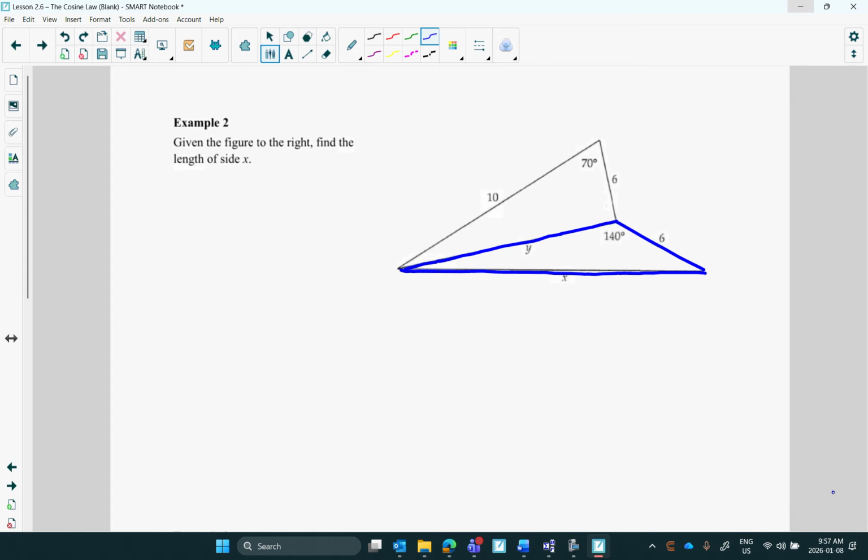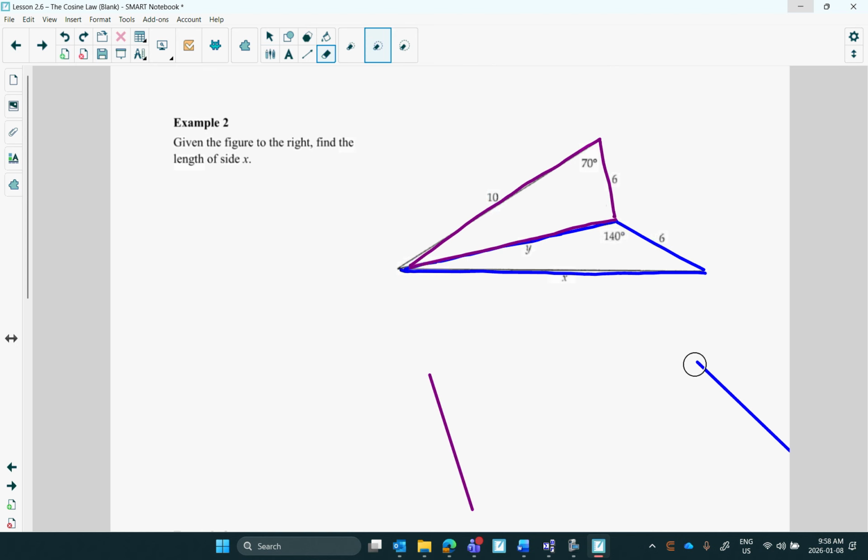Because then I'll have 2 sides and the angle between them, which means I can use cosine law to find this third side. But I have to find this first using this other non-right triangle. So I have to do cosine law twice. First time to find y, then once I get y, do it again to find x.